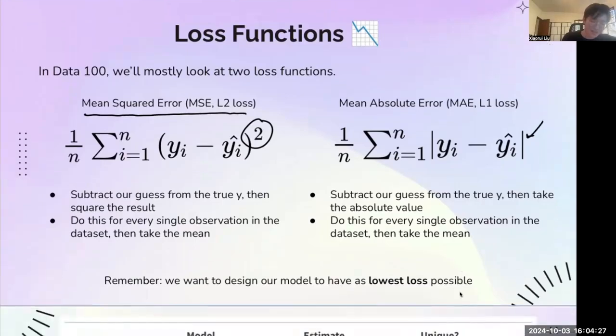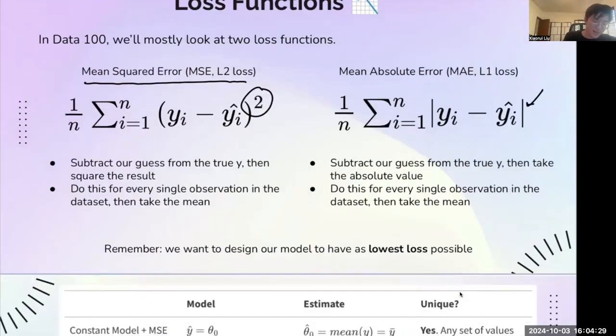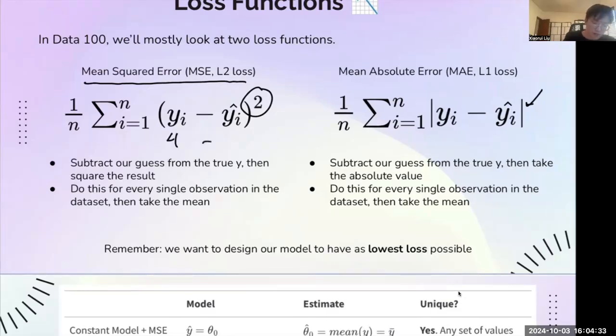In other words, if I had a true value of, let's say, 4 and I predicted 1, my mean squared error would give me 9 for that point. Whereas for mean absolute error, our error for that single point would only be 3.